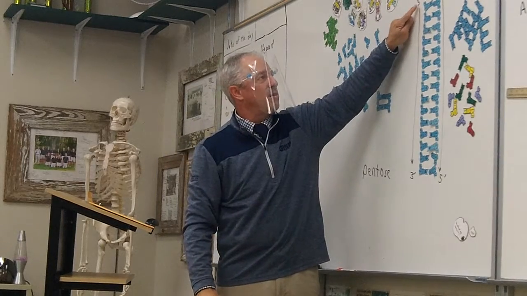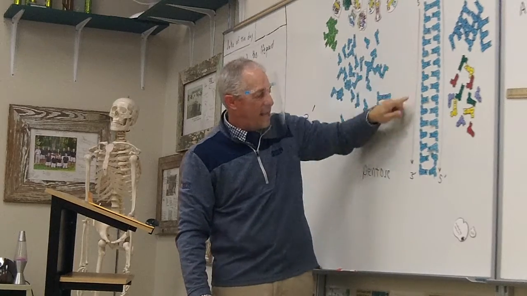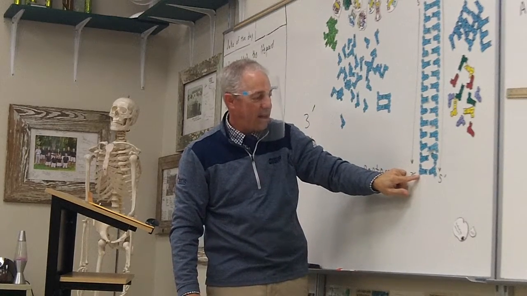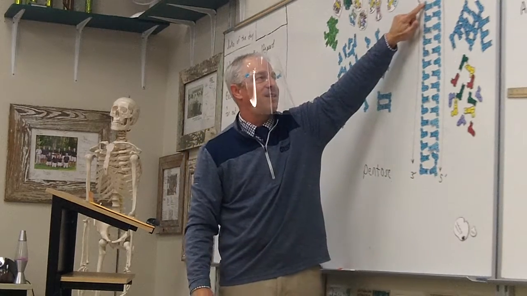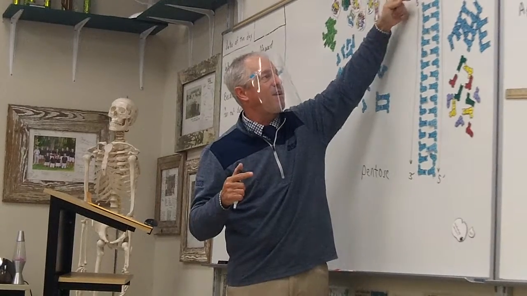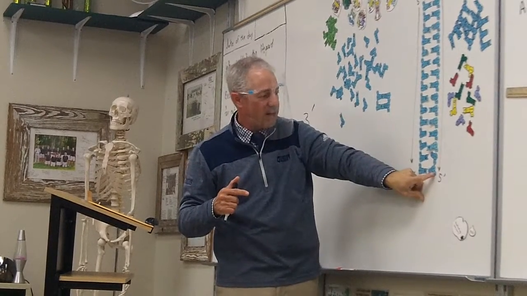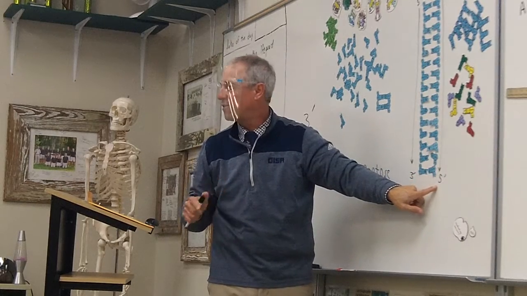So notice the 5' is where the phosphate is. And the 3' is on the other side. The easiest way to remember this is wherever the phosphate is sticking up, that's the 5' end. So here the phosphate is down this way, so that's the 5' end. Phosphate 5.